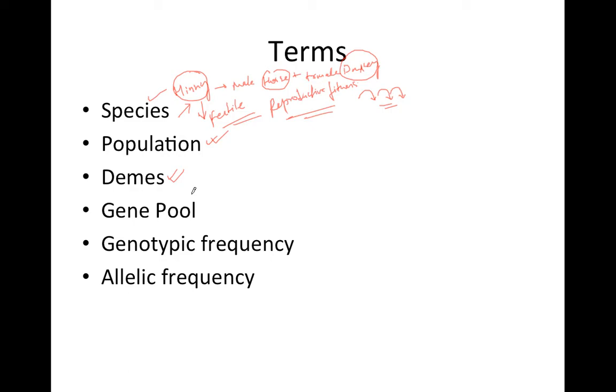Now there is an interesting term which is called as gene pool. Okay. Now gene pool is the set of genes, okay, in a population. A set of genes of the population is called as gene pool.